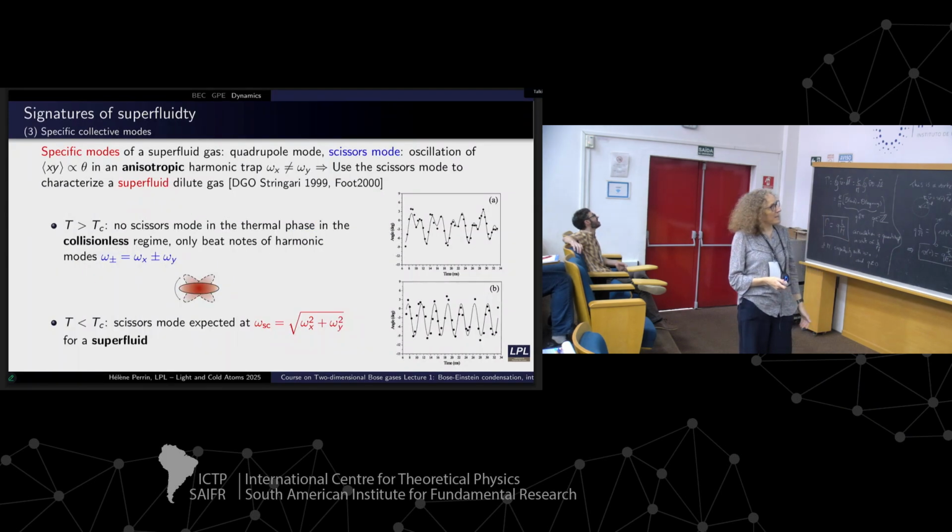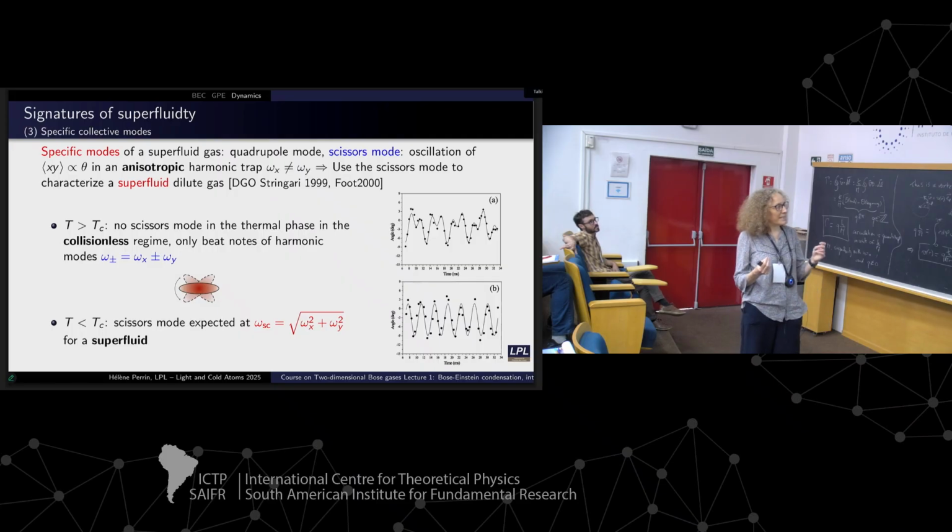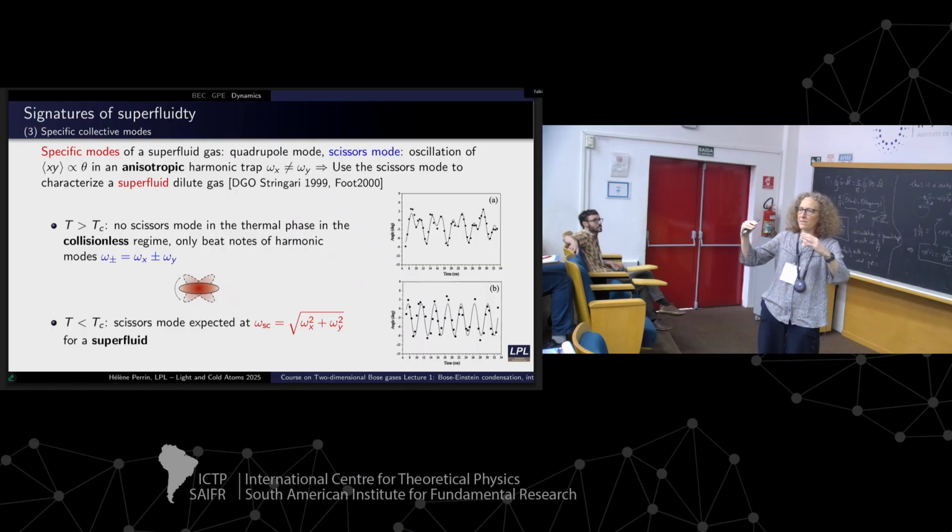And so this is the first evidence of this scissors mode, that has been measured in the group of Chris Foot in Oxford, where what they did is to have an elongated trap, and tilt suddenly the main axis to observe the rotation. And this is what happens if the gas is thermal.